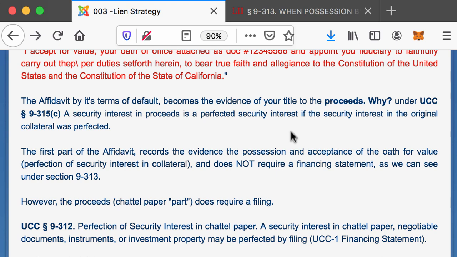And it requires the filing of a financing statement. You have a contract. The Constitution, contract, trust is your terms and conditions they gave an oath and allegiance to. If a default occurs under that, your perfected security interest in the oath as collateral is already a perfected security interest in the proceeds. However, the part that's not done is the filing of the financing statement, which is required, right?